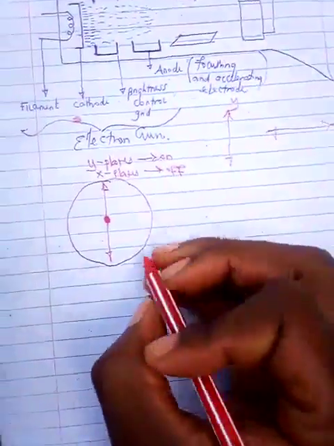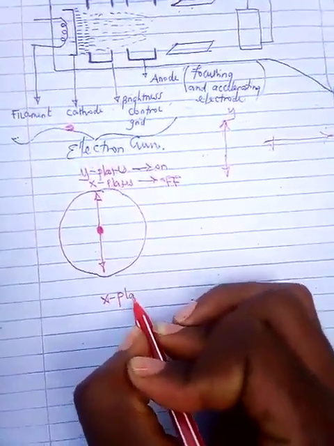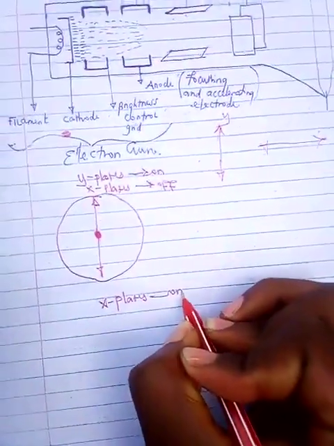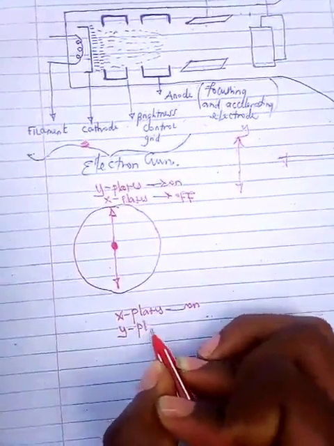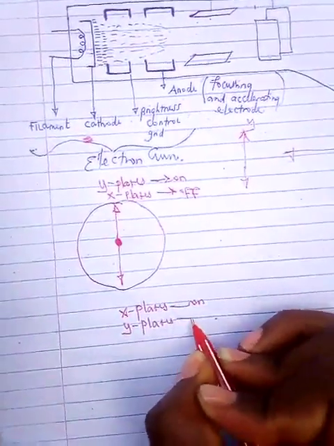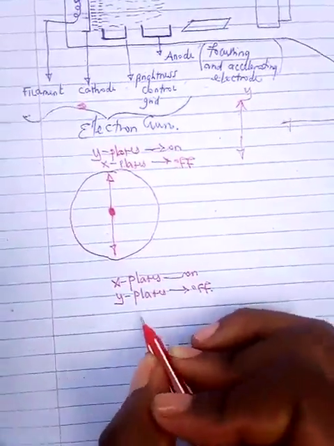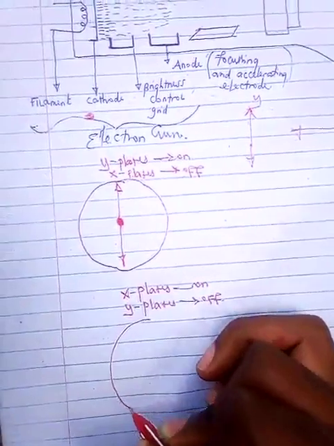Conversely, if it's the X plates alone which are on and the Y plates are off, what we're going to have is this.